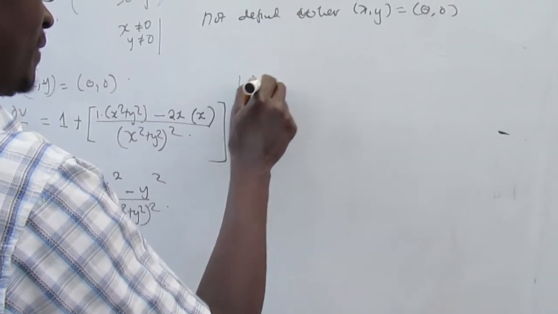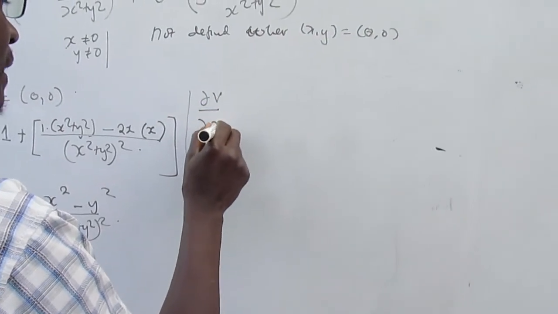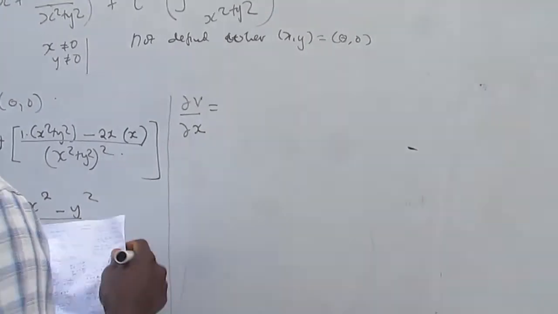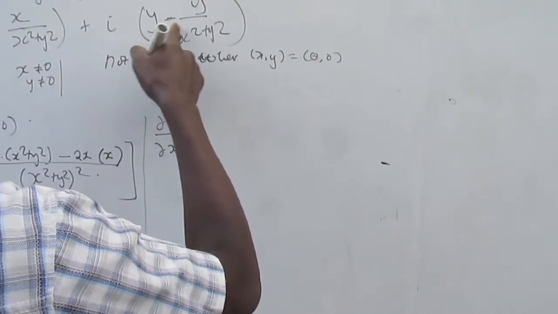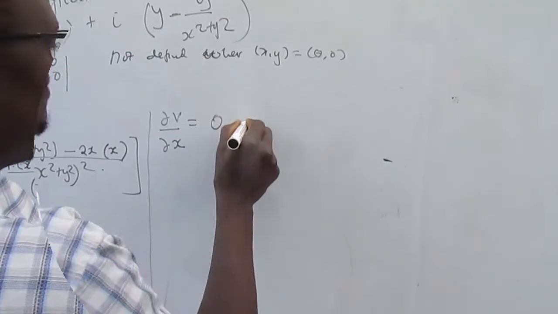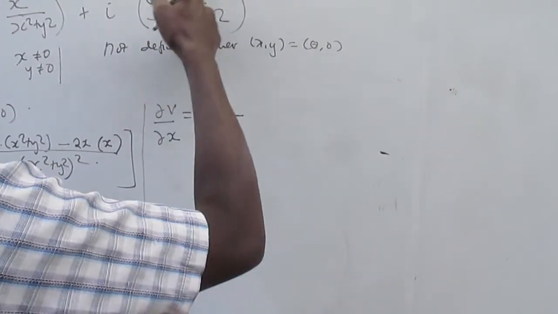So let's also look at the first partial of v with respect to x. So once again, this will be 0 minus the derivative of this part.